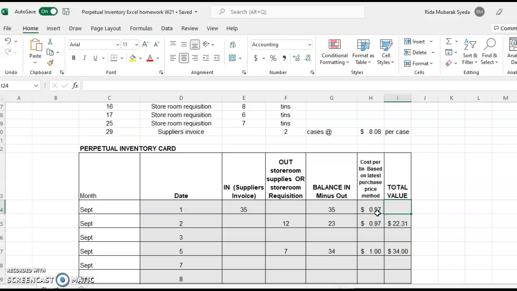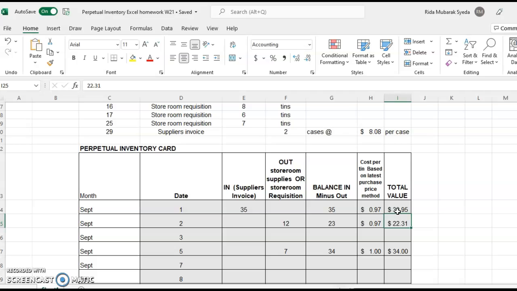When I did it on paper, I got 33.95 as my total value. Let's see if it's the same price on Excel, because sometimes Excel doesn't want to give us the same answer. So over here, we'll use the cell reference formula. So 35 times 97 cents and enter, and we got 33.95 as our total value.